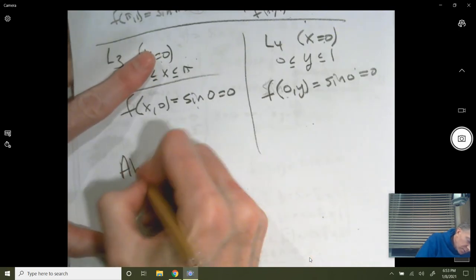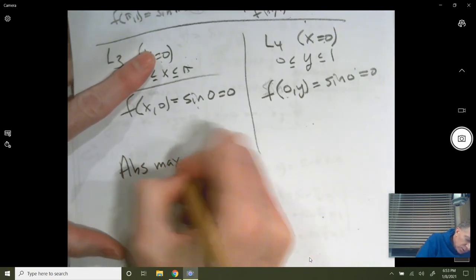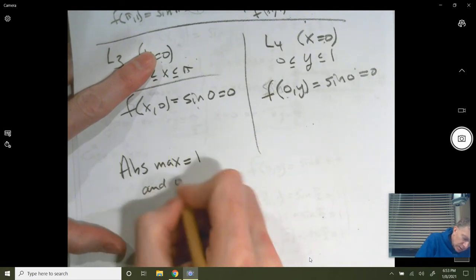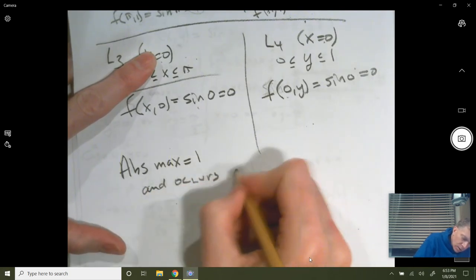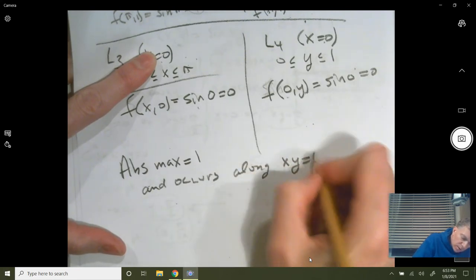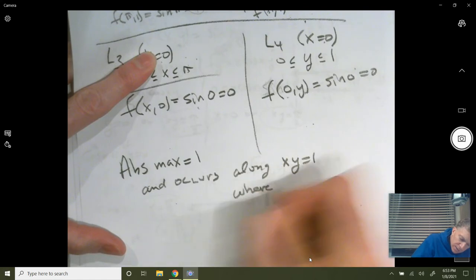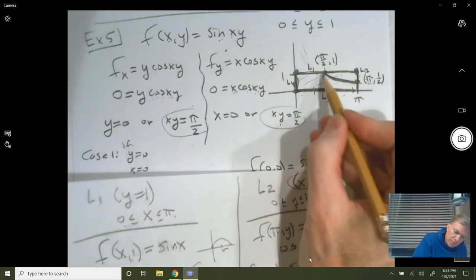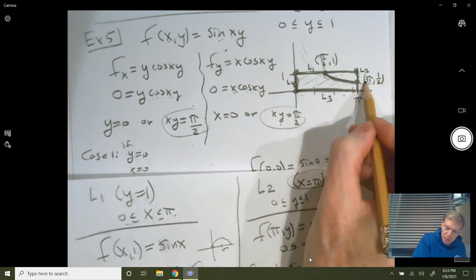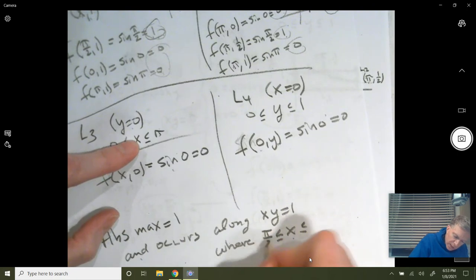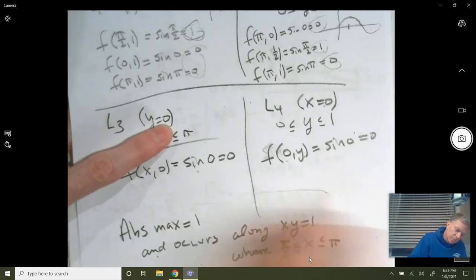Our absolute max is equal to 1, and it occurs along the hyperbola xy equal to 1, where x goes from, let's double check here, x went from pi over 2 to pi. So we don't want this entire hyperbola, we just want pi over 2 to pi. Okay, there's your absolute max.